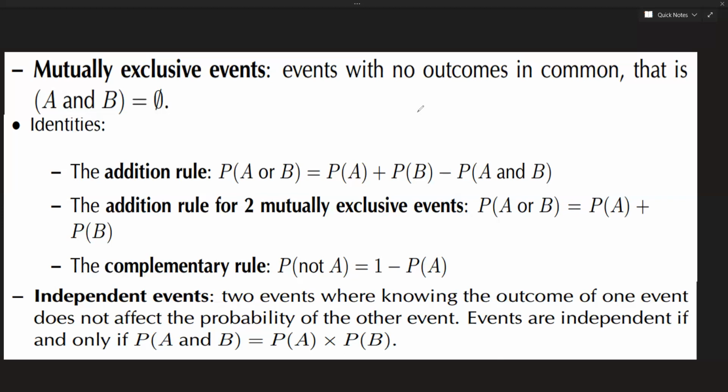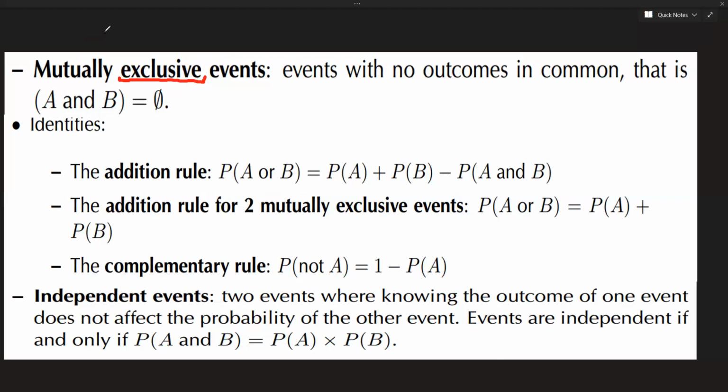Okay, so we're going to start with mutually exclusive events. When you hear the word mutually exclusive, it means that these events cannot occur at the same time. Does it make sense?